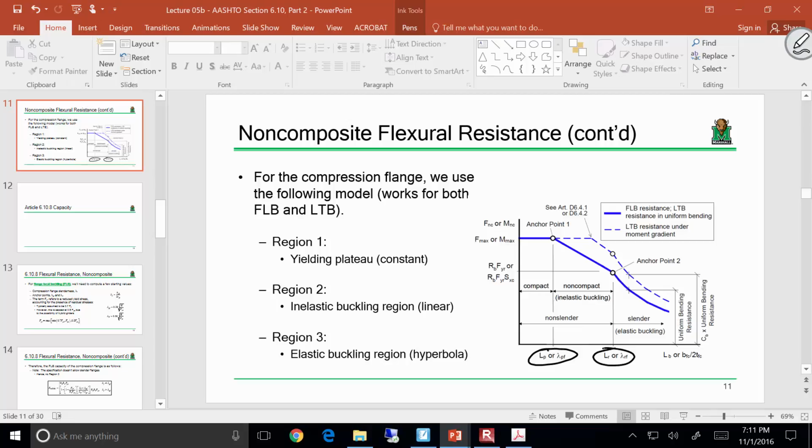This is lambda sub RF. It's 17.4 something, right? Now, our value is 9.33. So we fall somewhere right there, right? So that means we're in zone 2, and we've got to use that linear regression, right? Make sense? Okay.